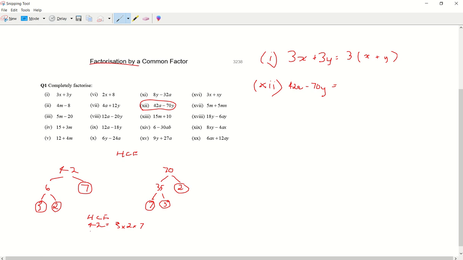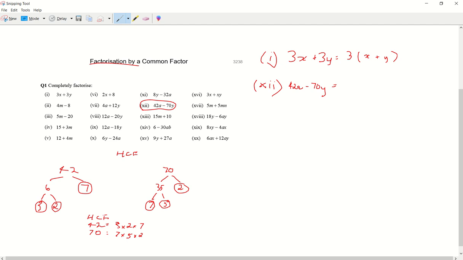We get that answer. For 70, our prime numbers, 7, so circled ones, times by 5, times by 2. 7 times 5 is 35, 35 times by 2 is 70.